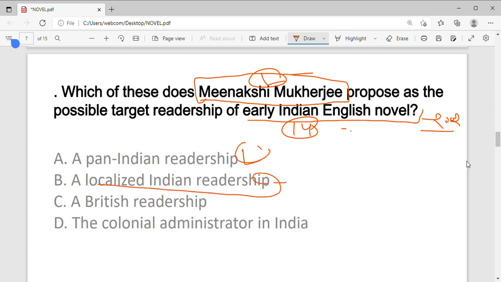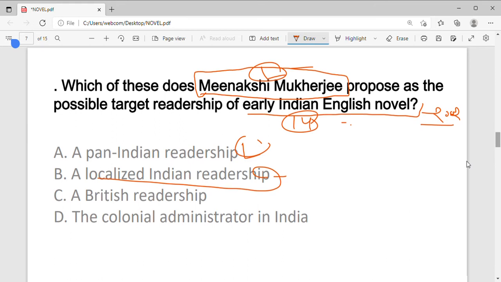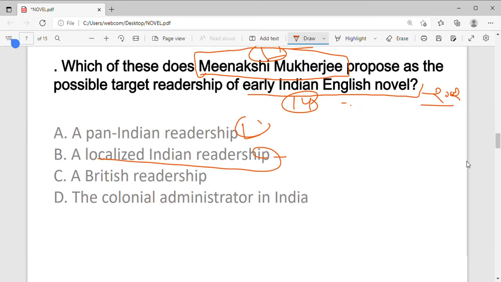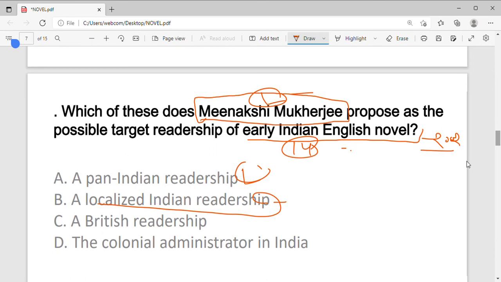That was the target readership of this novel. We do not have enough information about these works. As I said earlier, if you want more information about these novelists and their works, you have to take part in conferences and research works on Indian literature. Only then do you come across such works.